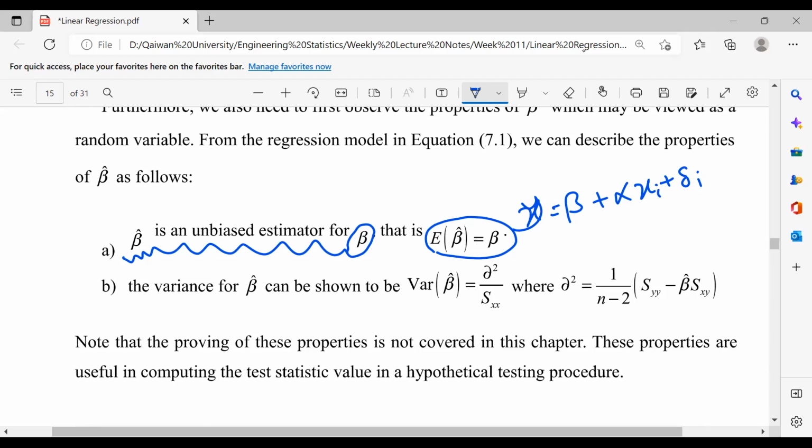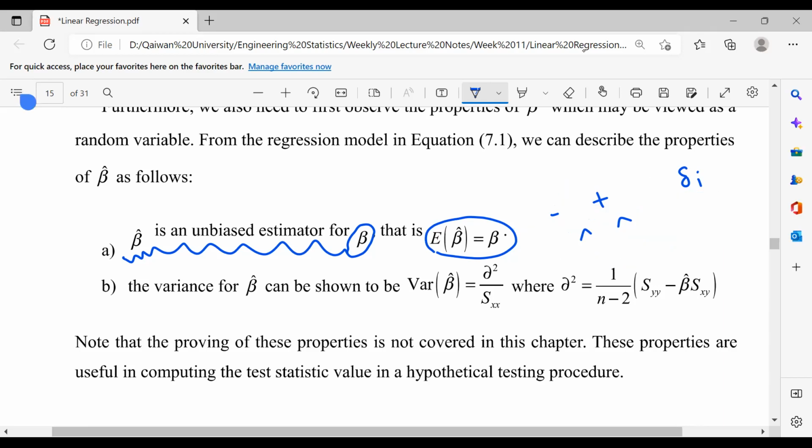Okay, we say that. And then we write down the equation to become y hat equals beta hat minus alpha hat x. We say the estimation of this beta hat is beta. The estimation of it is beta.